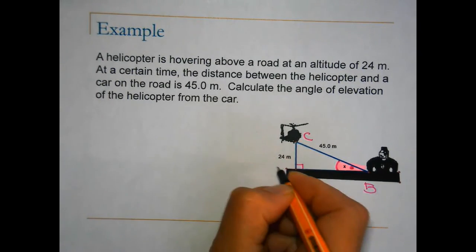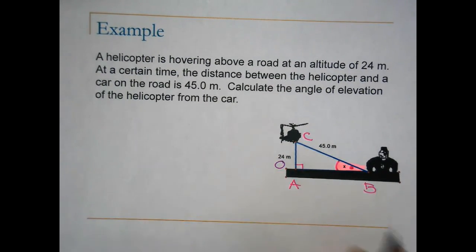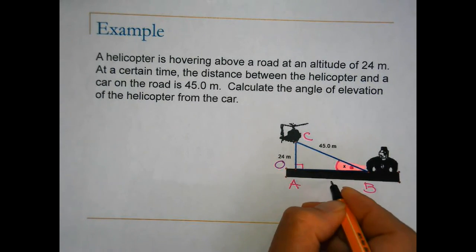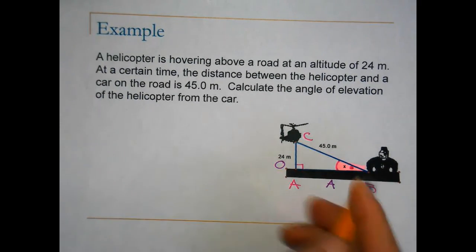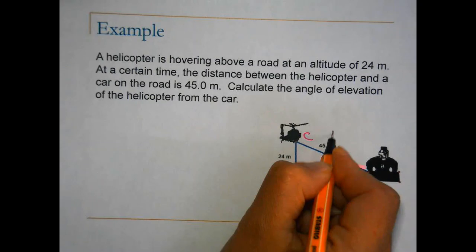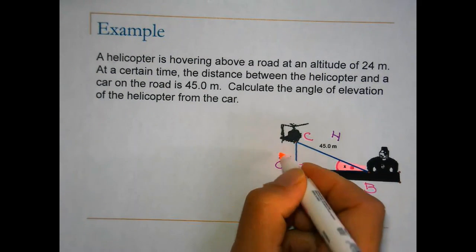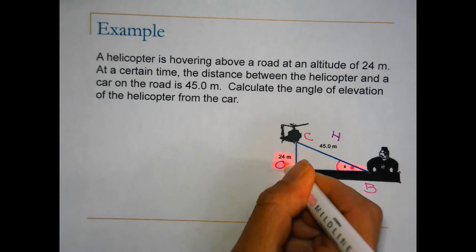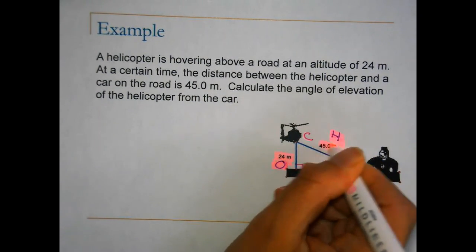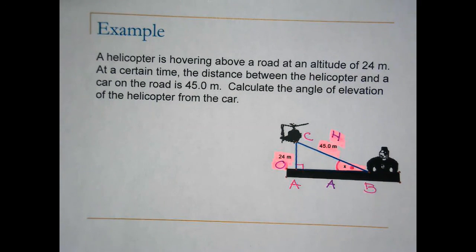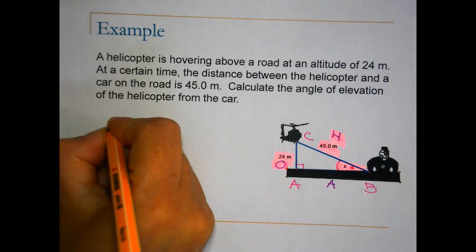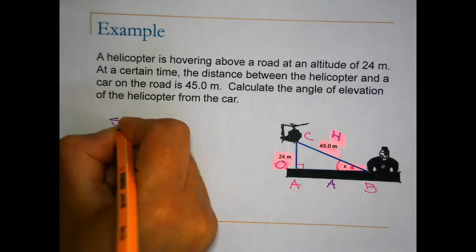This is the opposite side, so O. This is the adjacent side, so A. And this is the hypotenuse. Now, what we have is opposite, and we also have the hypotenuse. So opposite and hypotenuse are given to us, so we can use the sine.